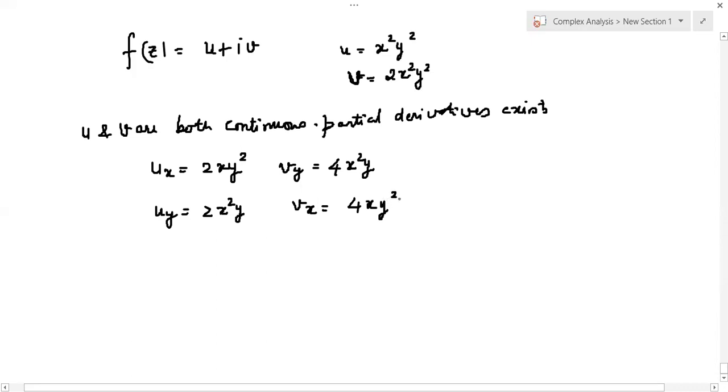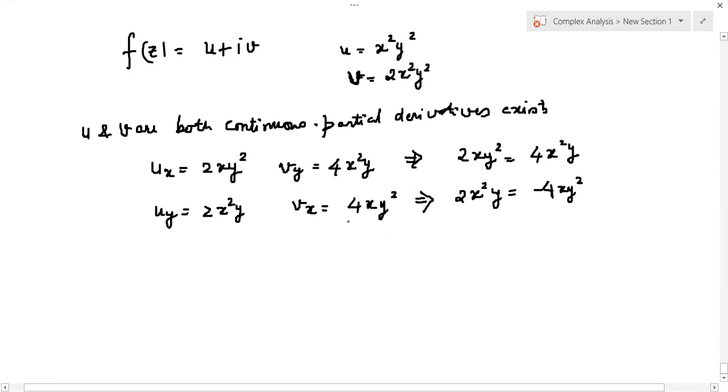Okay. So if I write the Cauchy-Riemann conditions, it implies ux should be equal to vy, which is writing 2xy squared is equal to 4x squared y, and uy is equal to minus vx is equivalent to writing 2x squared y is equal to minus 4xy squared, which implies what?